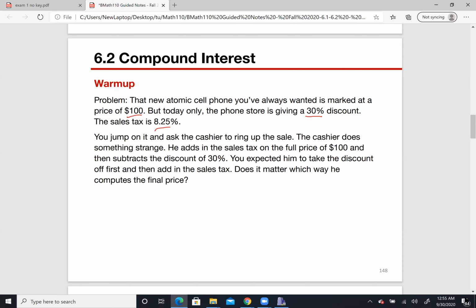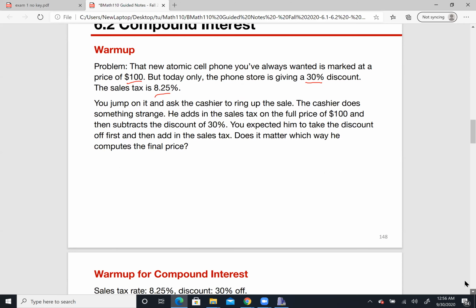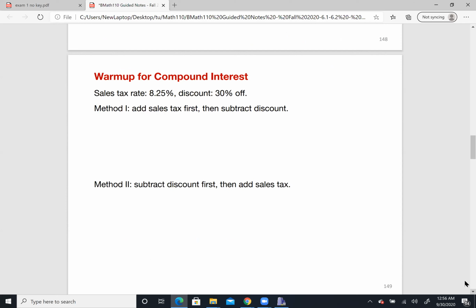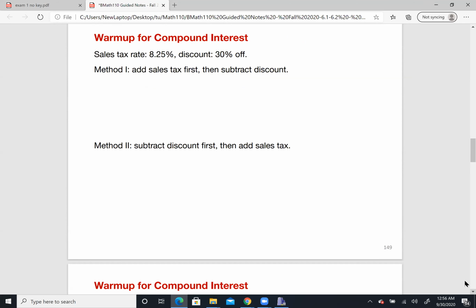That means the price is actually higher than the price you expect if he takes the discount and then adds the tax. Okay, so go down here to the next page. So you know that the sales tax rate is 8.25% and the discount is 30% off.